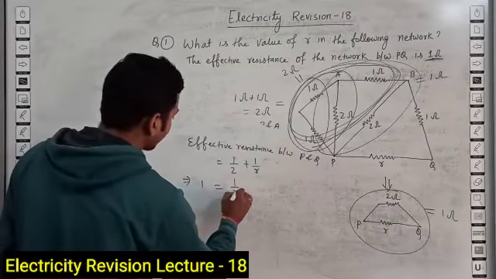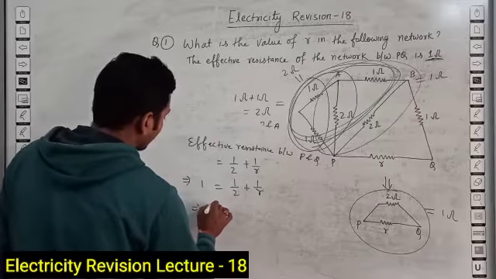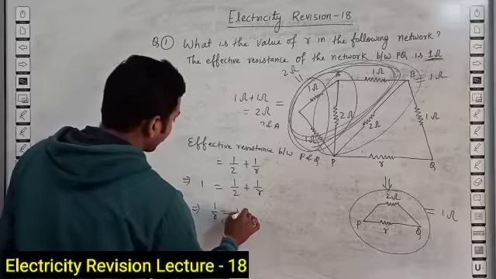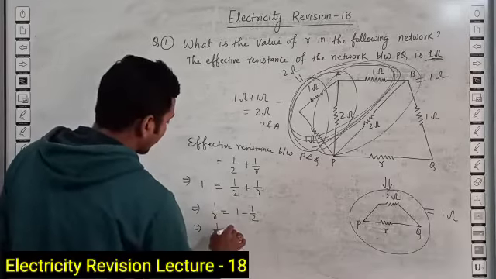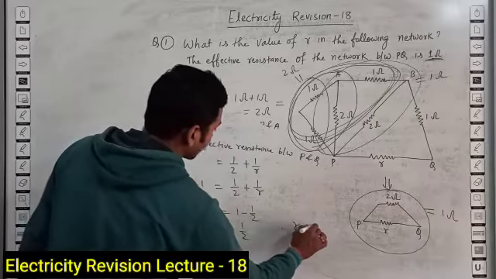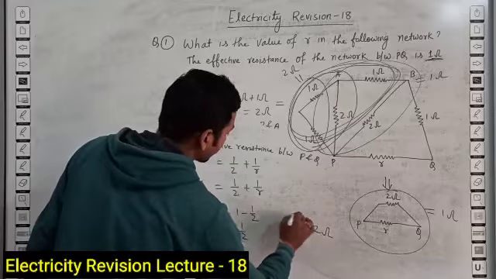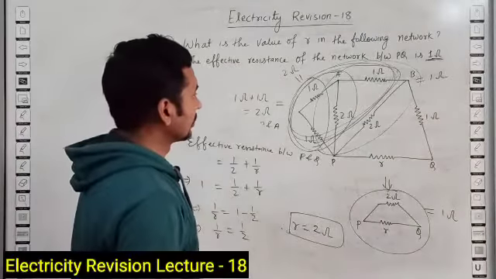So 1 is equal to 1 by 2 plus 1 upon R. So 1 upon R is equal to 1 minus 1 upon 2. So from here 1 upon R is equal to 1 upon 2. So R is equal to 2 ohm. This is the answer of this question.